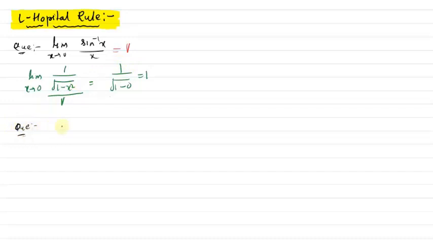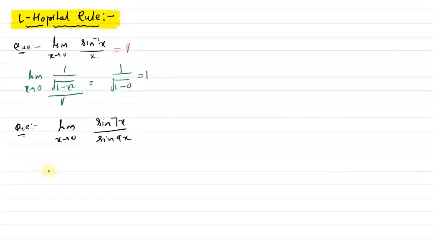So the next question is limit x tending to 0 of sine of 7x by sine of 9x. We did the same type of question using standard limits in trigonometric limits. Now we'll be doing this using the LH rule. If we have x tending to 0, this will be 0 by 0 form.